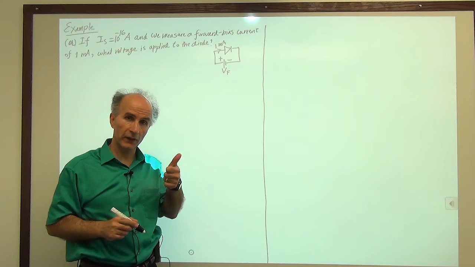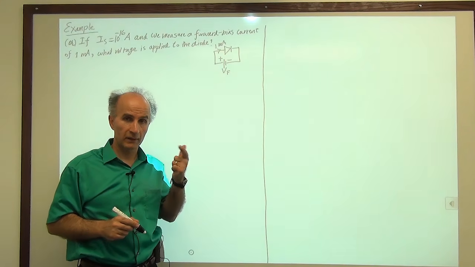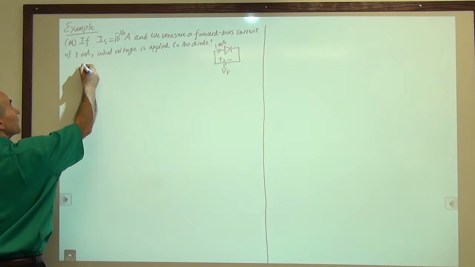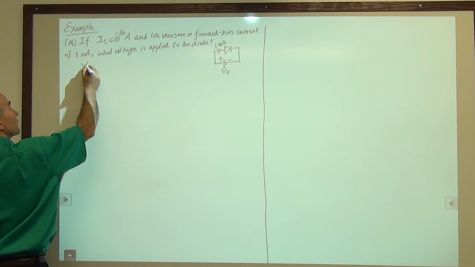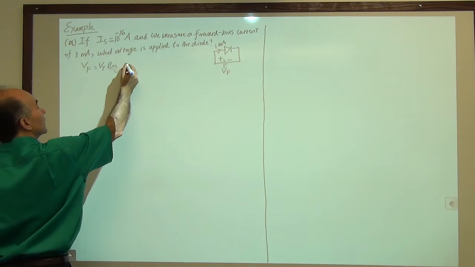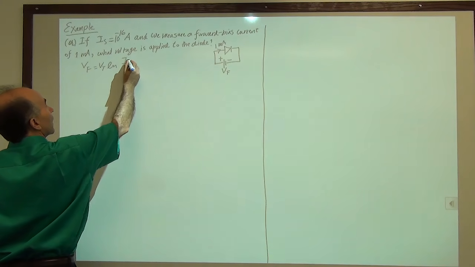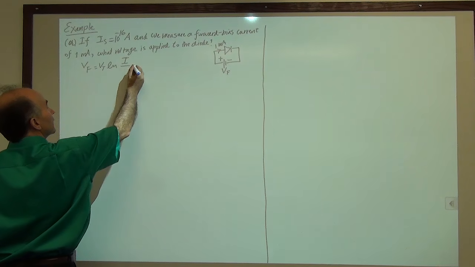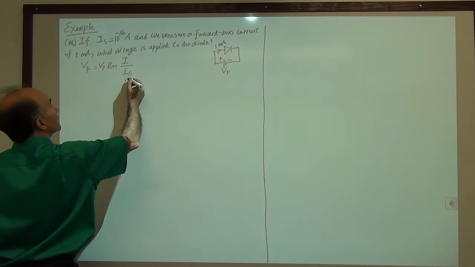Okay, so we know the current, we know Is, we need the voltage. Remember the quiz? So what we do know is Vf, the forward bias voltage, is equal to Vt log of Id, or I, divided by Is.